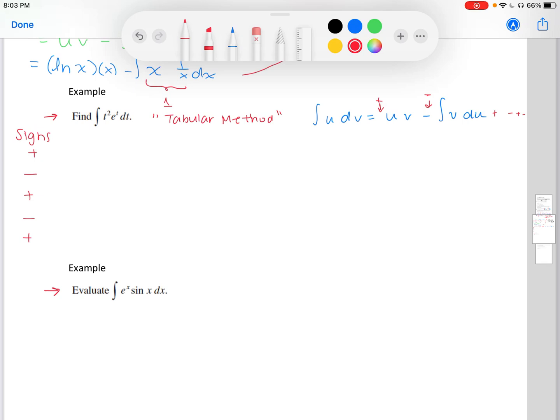Next, in our tabular method, we're going to label our derivative part, our u. So what function should be the one we work with the derivative? We're going to have some u. And then next we have whatever function should be our integral.